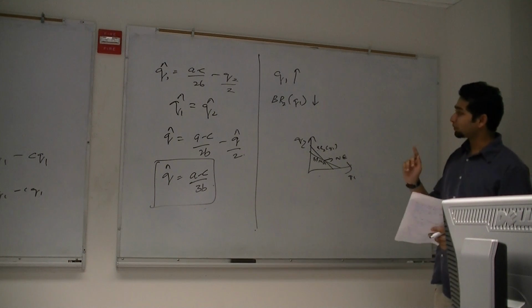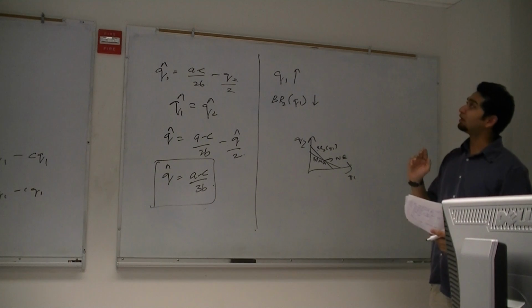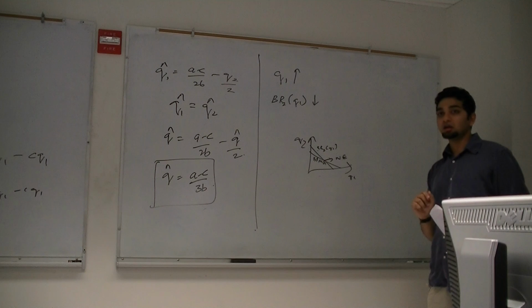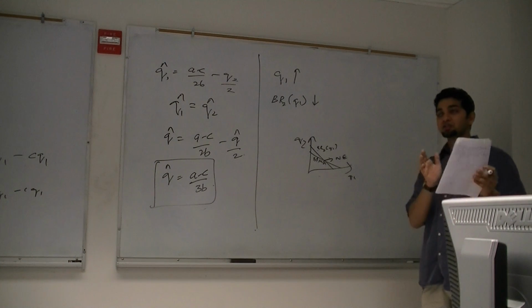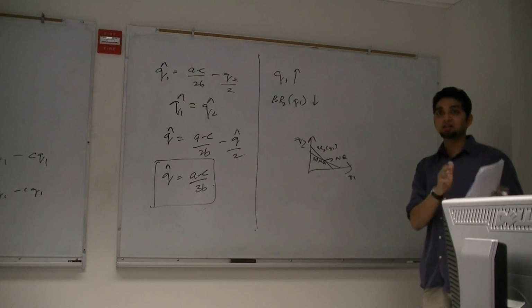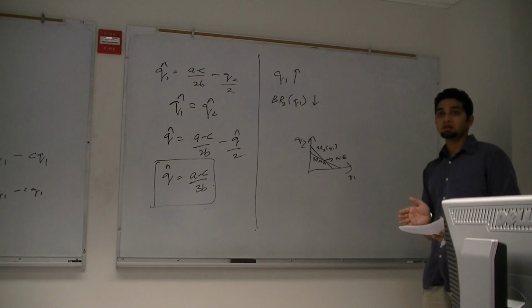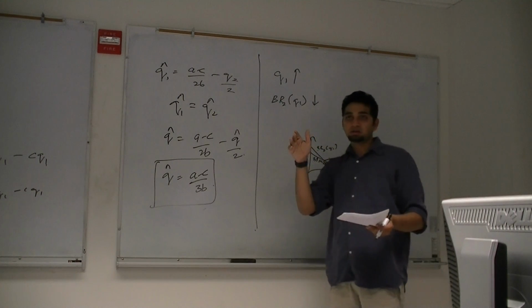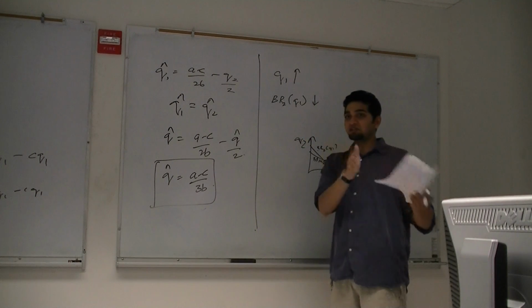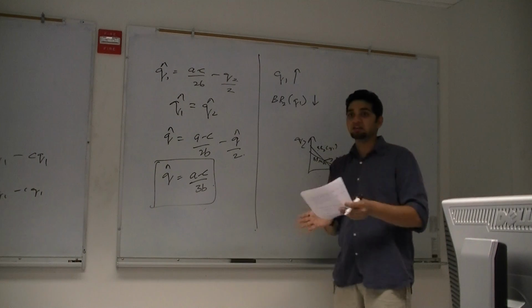Actually, the slope is supposed to be less than -1. So the rate of change of Q2 is much higher than the rate of change of Q1. Q1 plus Q2 actually increases. It's not fixed.